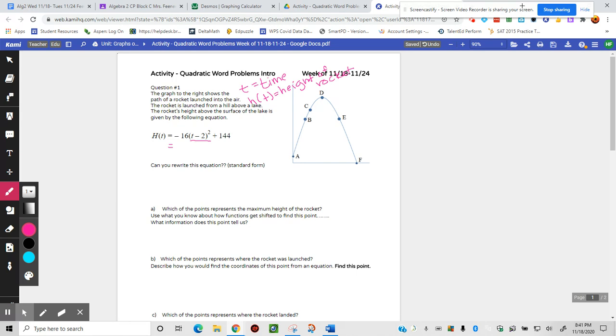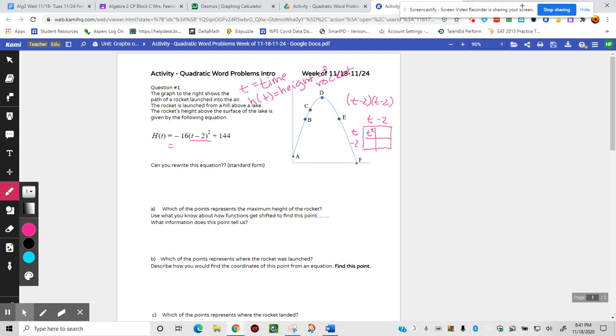And I'm going to go over here and I'm going to square my t minus 2 times t minus 2. That just means there's two of them. And hopefully you're thinking, oh yeah, I remember how to do this. Here's my box method. So I've got t minus 2, t minus 2.